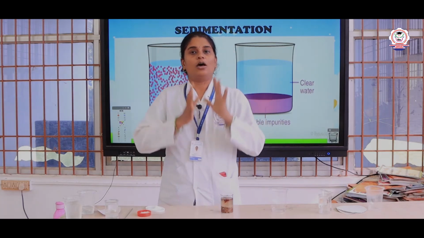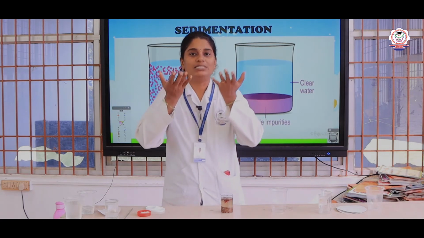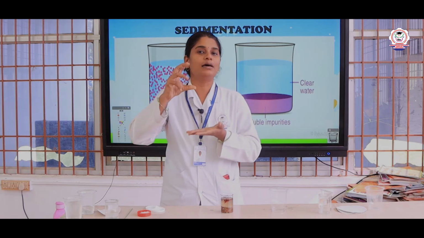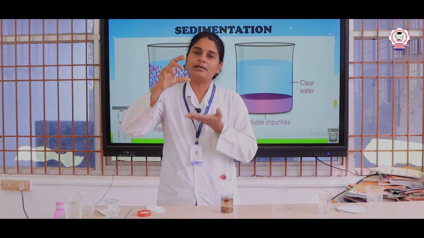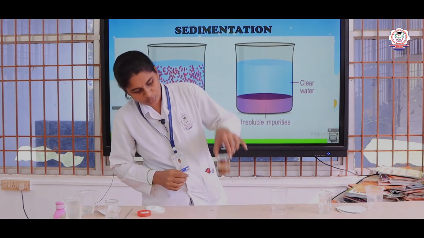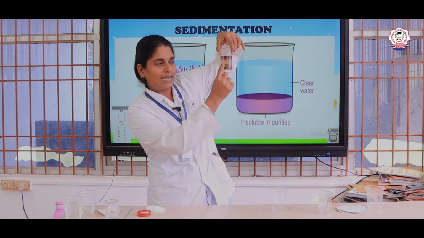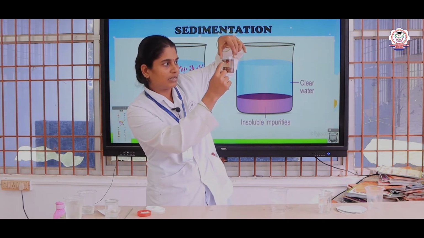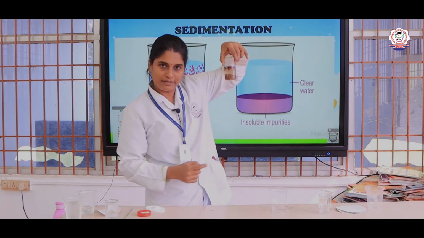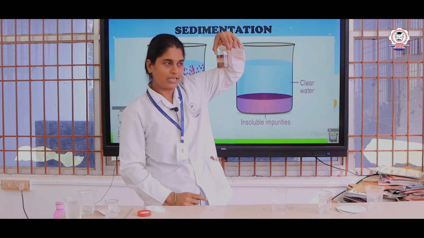After a long time, the heavy particles of the sand will settle down at the bottom, and you can see some clear water at the top of the beaker. Here also you can see after a long time: this is the sand, this is the clear water, and these are the dried leaves. This process is known as sedimentation.